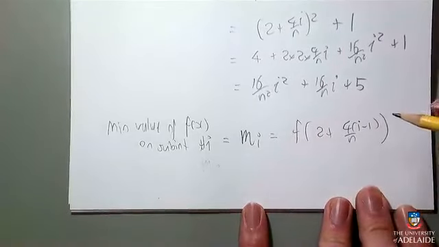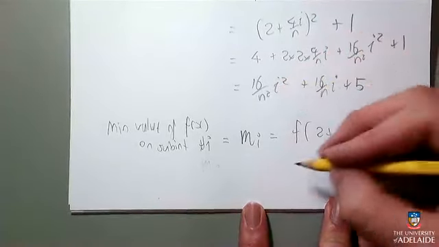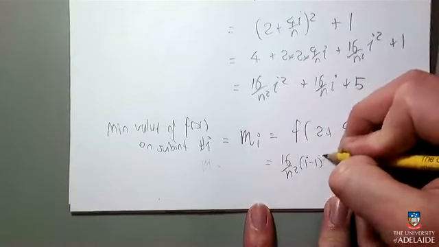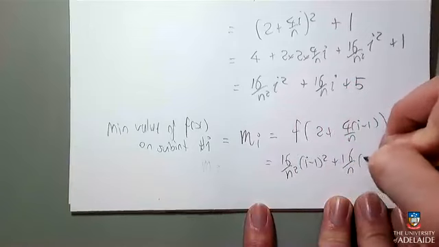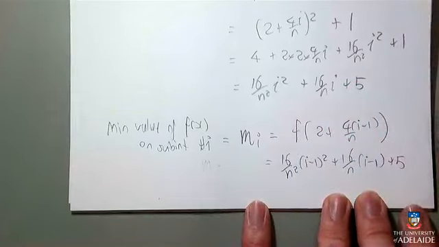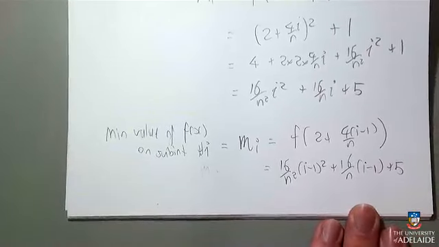Which, if I felt like it, I could do by putting an i minus 1 instead of an i into here. And there is absolutely no reason why you ought to expand that out. Leave it exactly as it is.